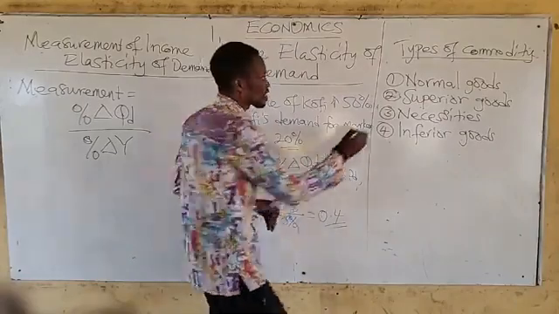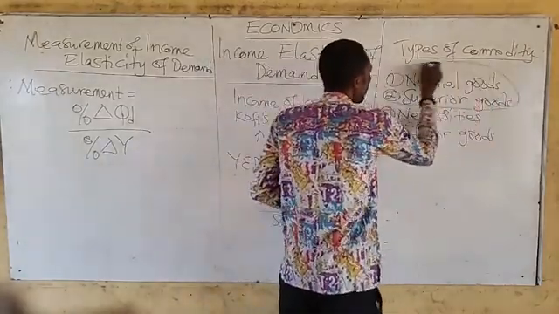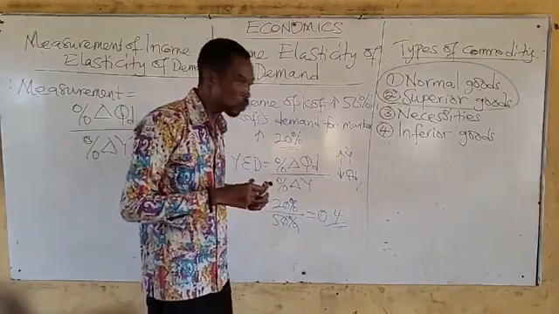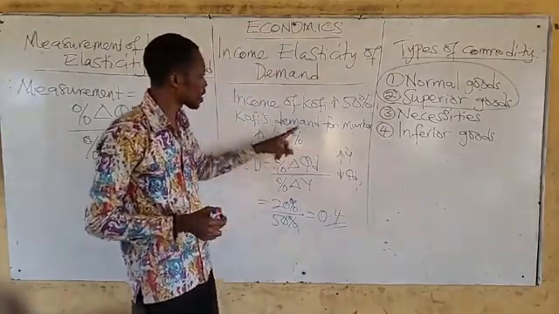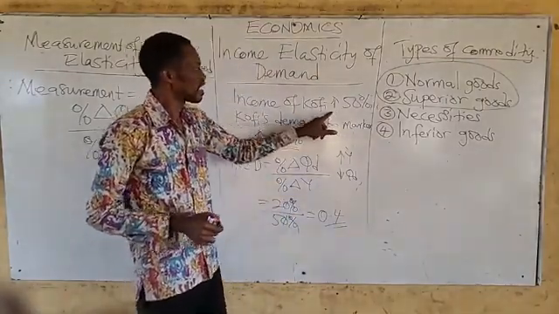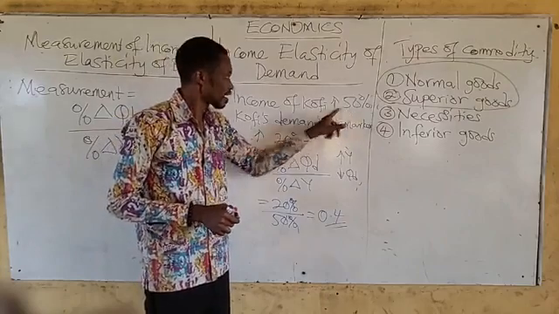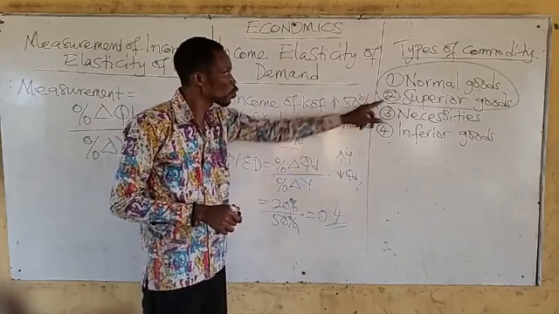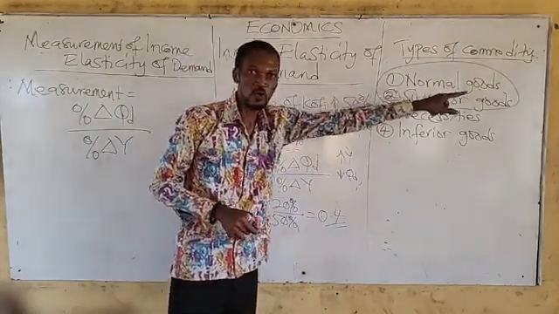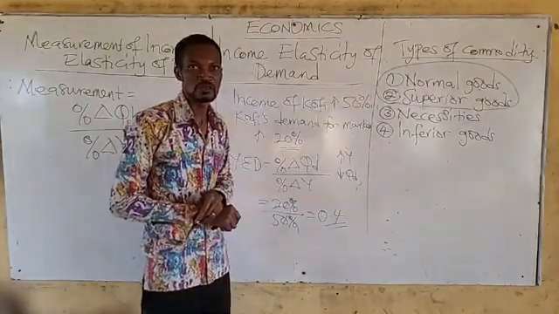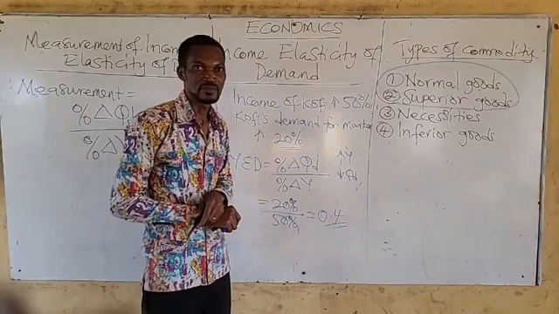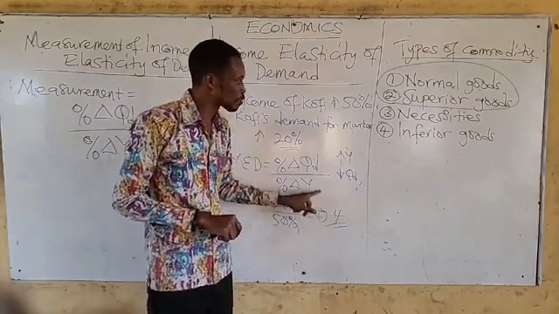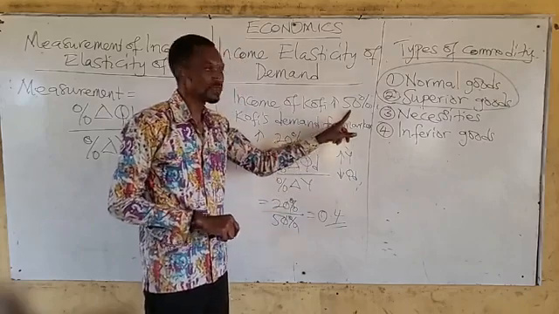However, with these two, superior goods and normal goods, for the normal goods, when the percentage change in the demand is less than the percentage change in the income, then the commodity will be referred to as a normal commodity or normal goods. The reason why this is 0.4 is because of what is happening here.